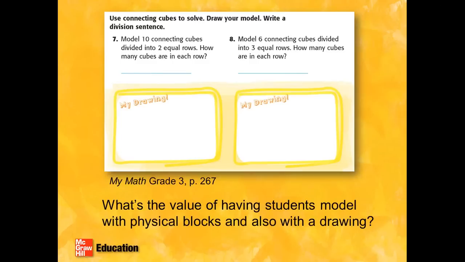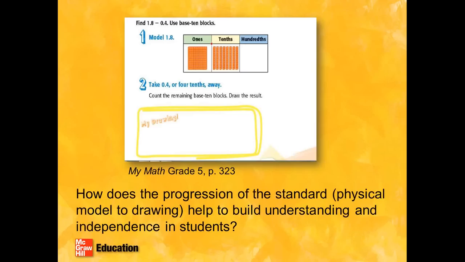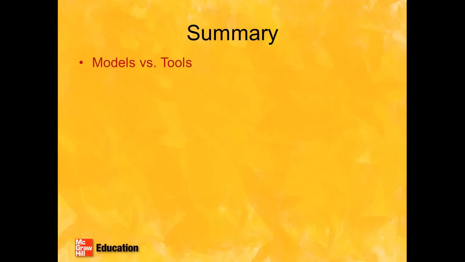As we move up the grade, you'll see that there's opportunities for drawing that allow students to connect the physical models of blocks with those of a drawing. And lastly, moving again from that physical representation to a pictorial representation, making the connection between physical manipulatives, the pictorial level, and then having the students create their own model in their own drawings.